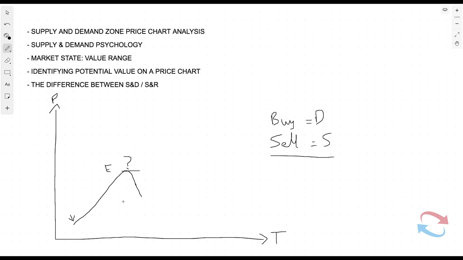Now, if prices do come back up to this level, this is where we will see if potentially buyers would consider this value area here, whatever price this could be, 10 or whatever it is.